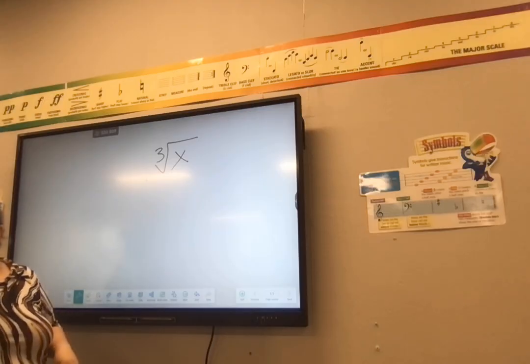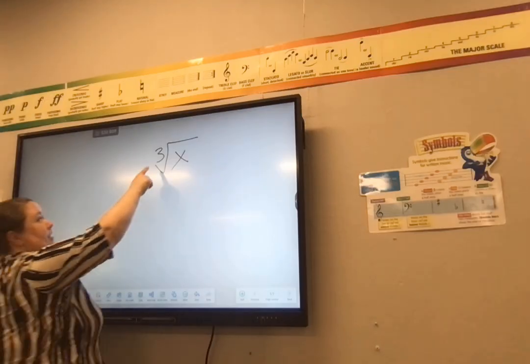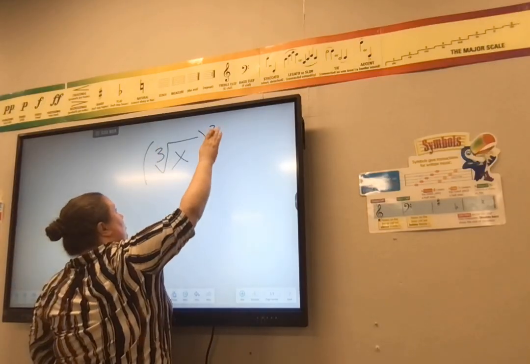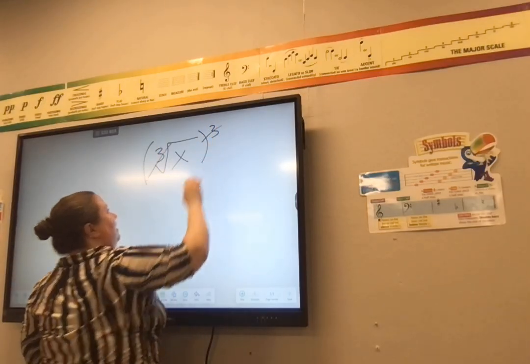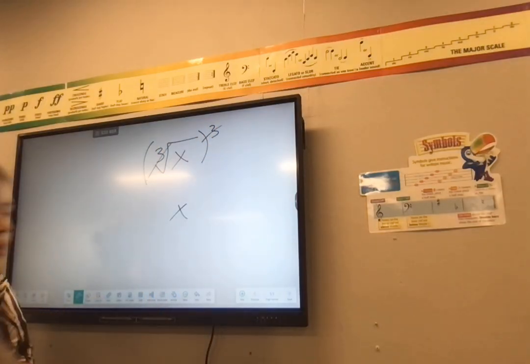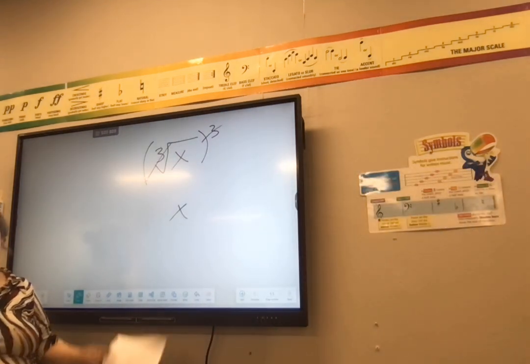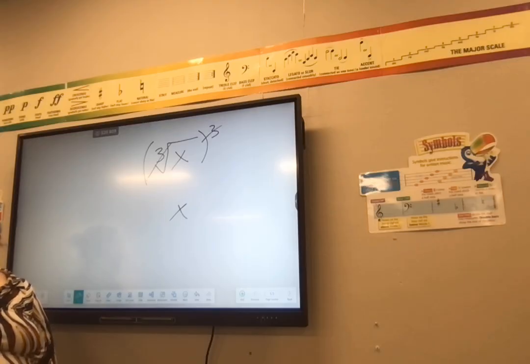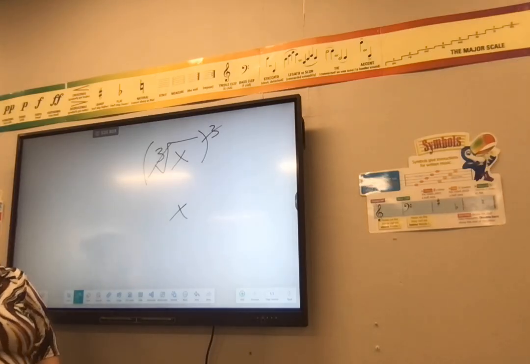We do the opposite. So instead of cube root, I would cube it. That cancels, and I would be left with just x. Just seeing if you remember, because this is what we did with squares. Square root, you do the opposite. Same with multiply and divide. The opposite of the radical is to use the exponent.